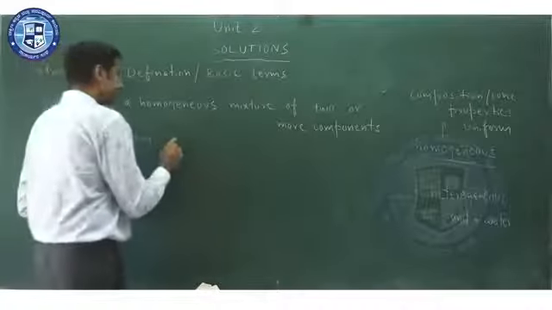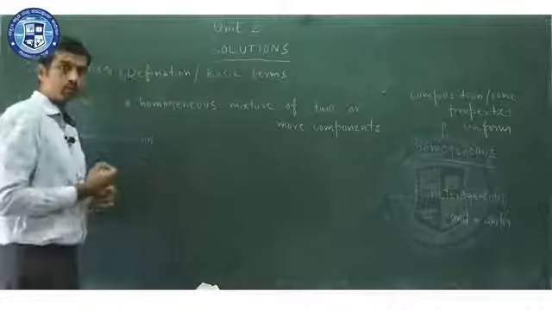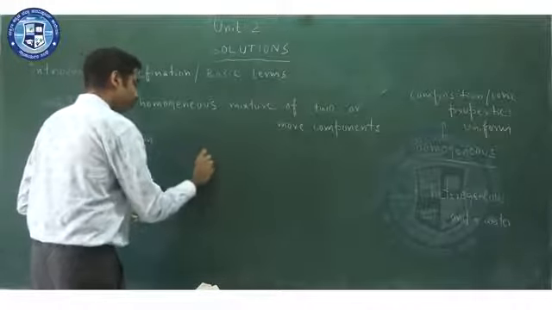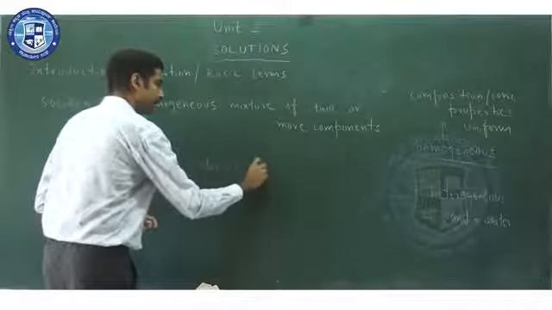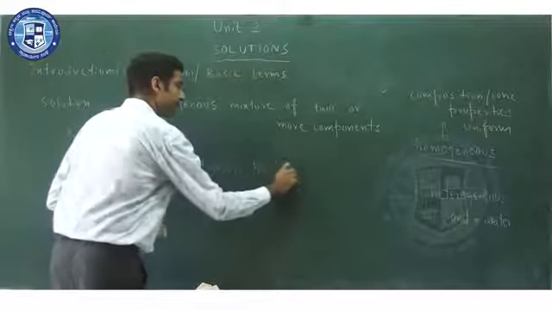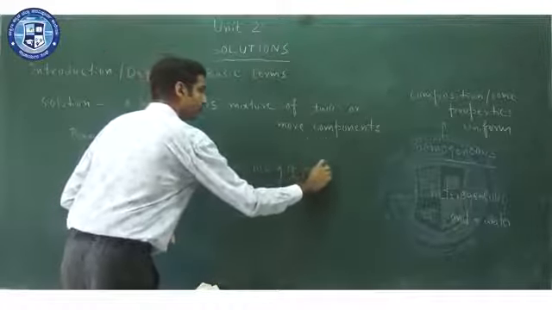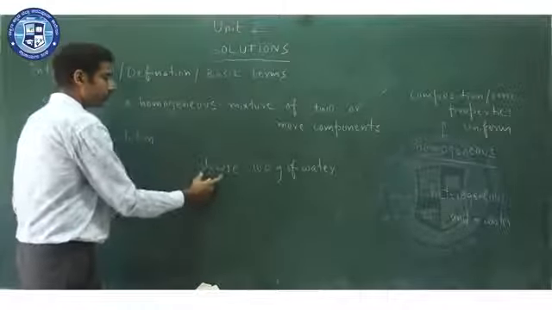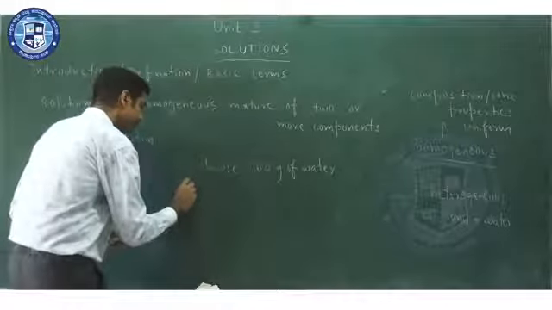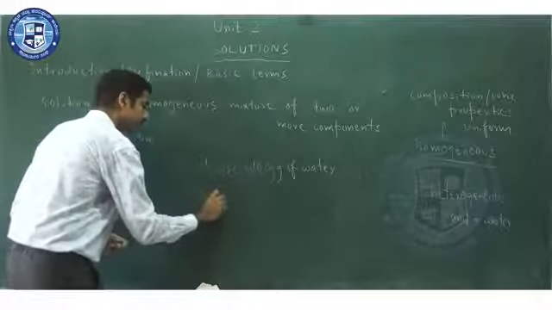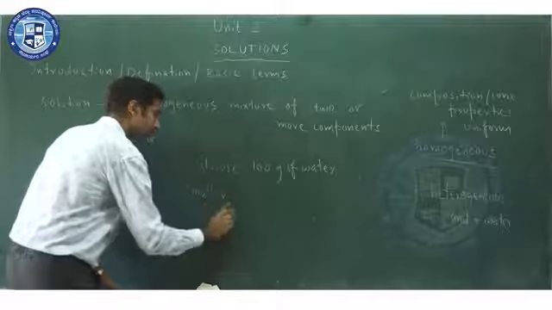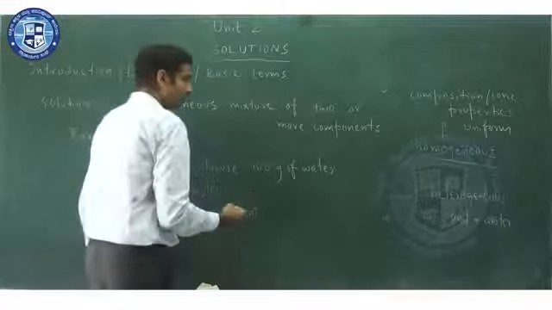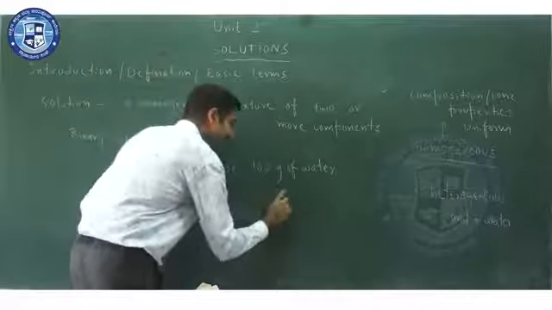Now, in this binary solution, let us try to define the components. What is this component glucose and what is this component water? Now, when I took 5 gram of glucose in 100 gram of water, I understand the composition. 5 gram of glucose, this is a smaller component. It is present in a lesser quantity. Whereas water is present in a larger proportion.